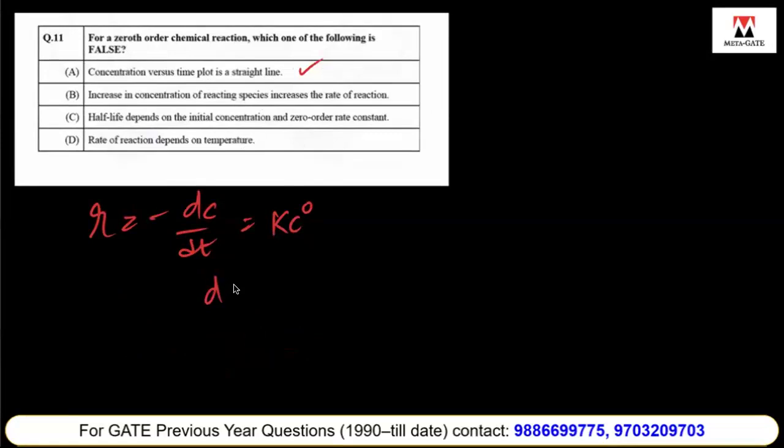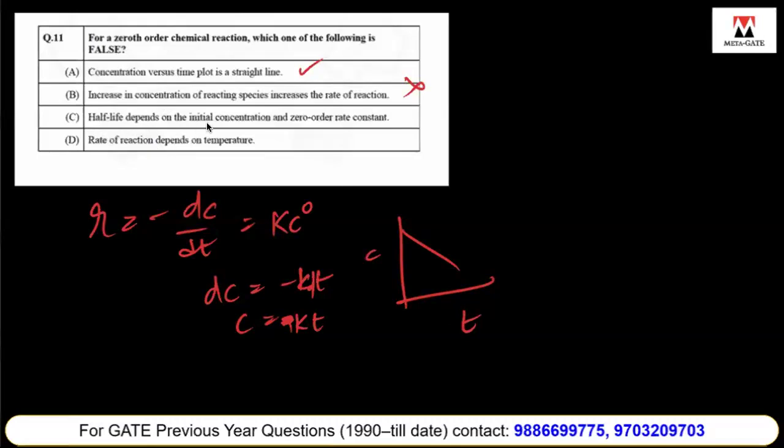So dC is equal to minus k dt, so C is equal to minus kt plus a constant. So the concentration versus time plot will be a straight line. The increase in concentration increases the rate of reaction? No, the rate does not depend on concentration.